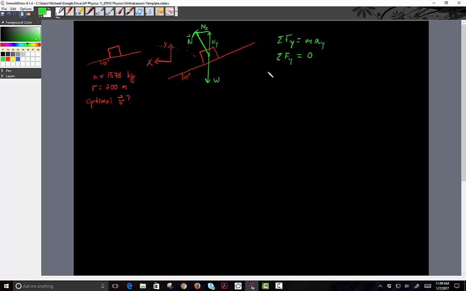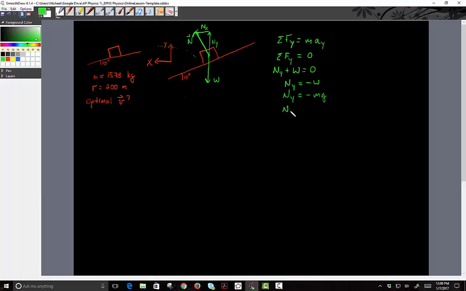So my forces in the y are my normal in the y direction plus the weight, and that's all equal to 0. So my normal in the y is equal to the opposite of the weight, and weight is given by mg, so we get negative mg. Weight is down, so the g is negative.